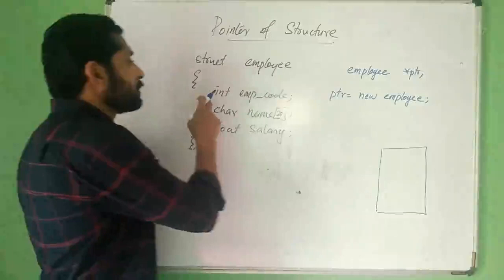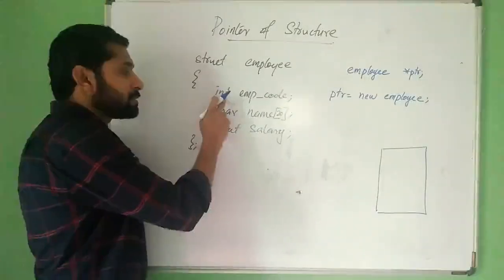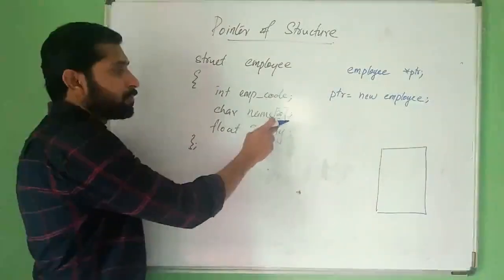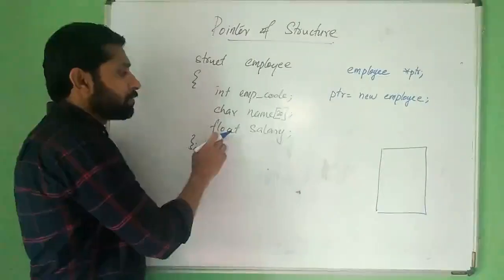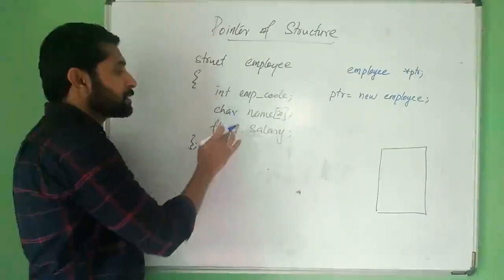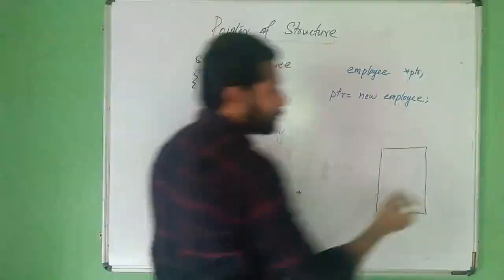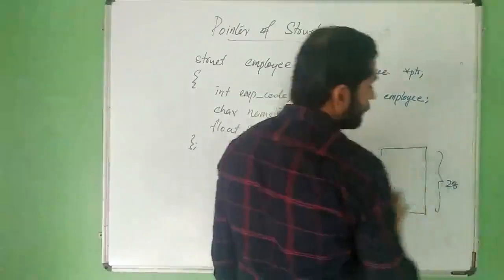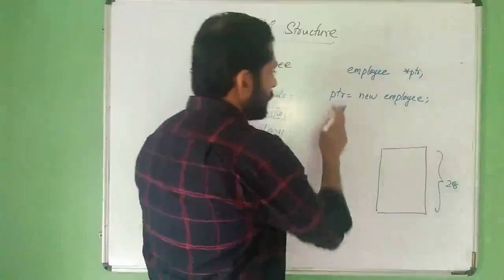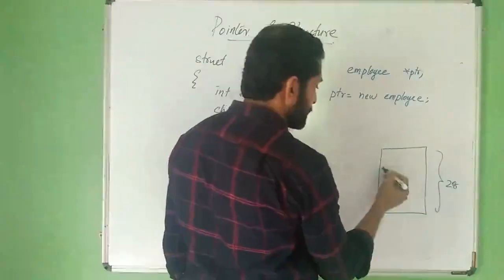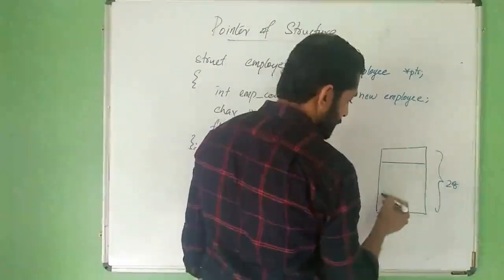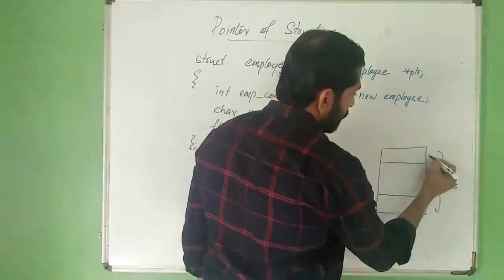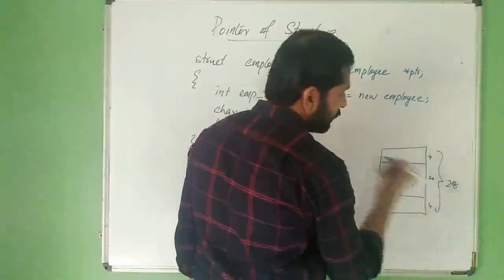How many bytes? 4 for integer, then 20 for this array, and again 4 for this. So 4 plus 20 plus 4, a total of 28 bytes will be reserved from the heap area, and it has different parts like this. This 4 bytes, this 20 bytes, this again 4 bytes.